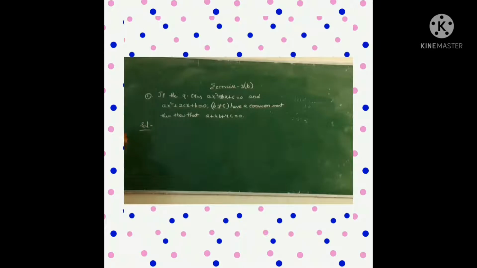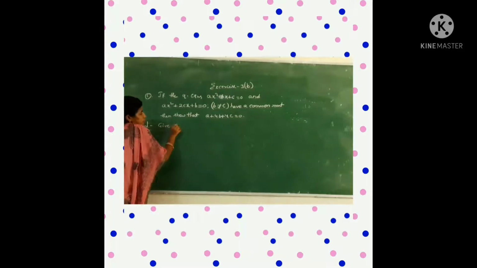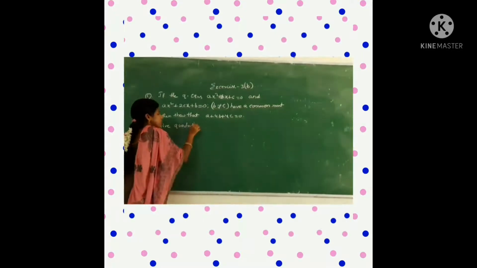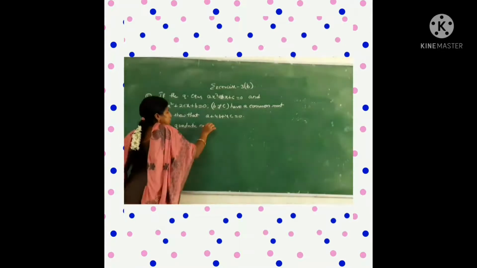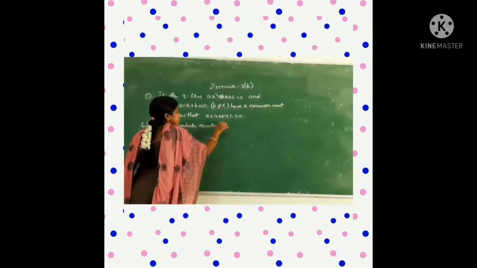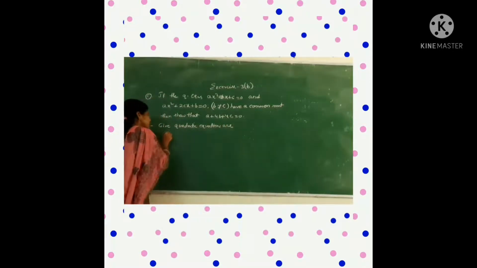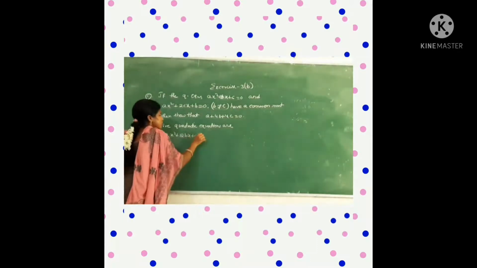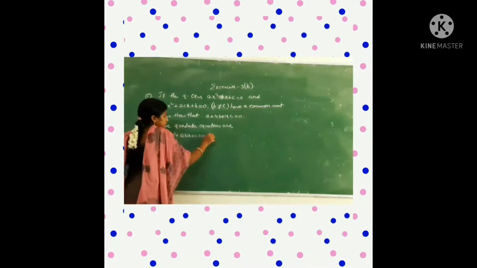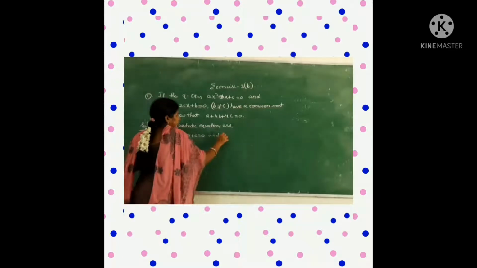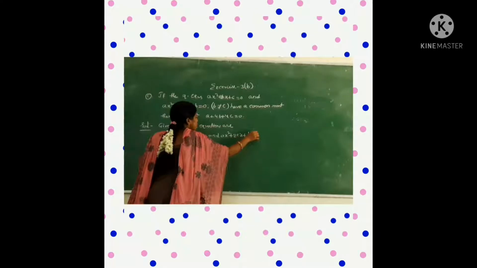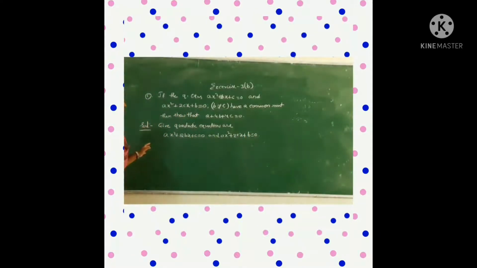Okay, what are the given equations? The given quadratic equations are ax square plus 2bx plus c is equal to 0 and ax square plus 2cx plus b is equal to 0. Okay.